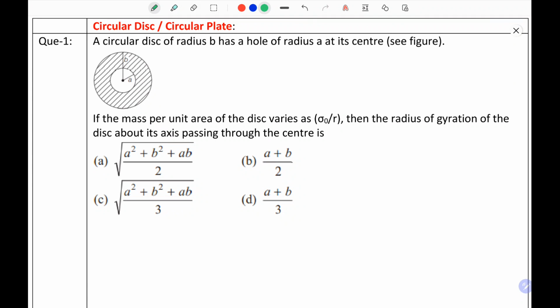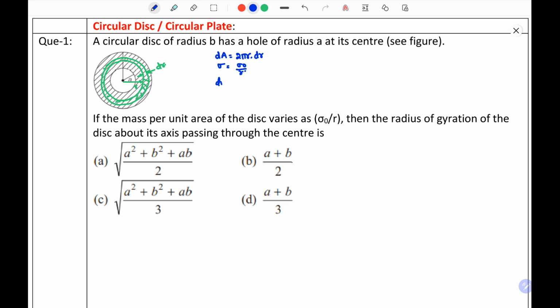So first we will take an elementary ring of radius r, which has a thickness of say dr. So elementary area of the ring will be equal to circumference, this is 2 pi r, into thickness, so it is 2 pi r dr. As density is given, this is the surface density or area density, it is sigma naught by r.